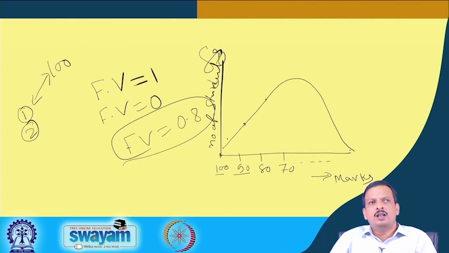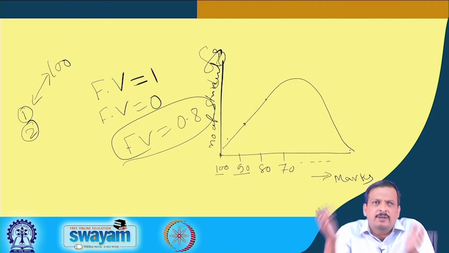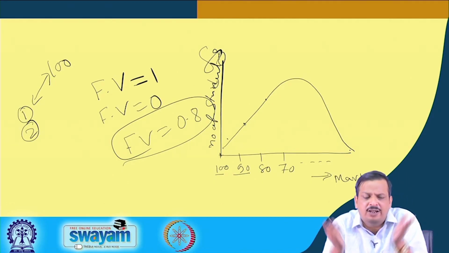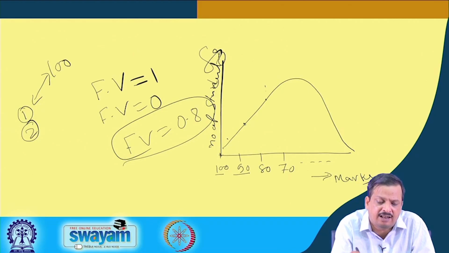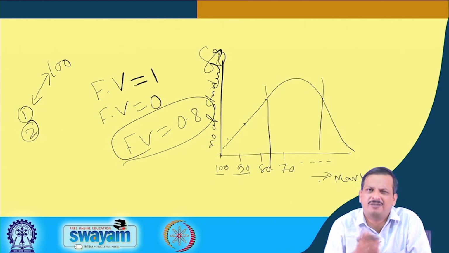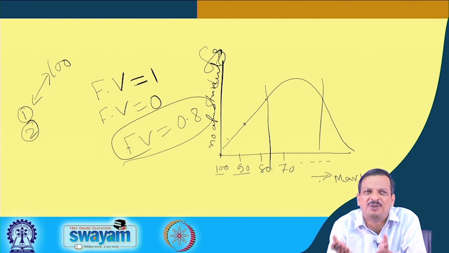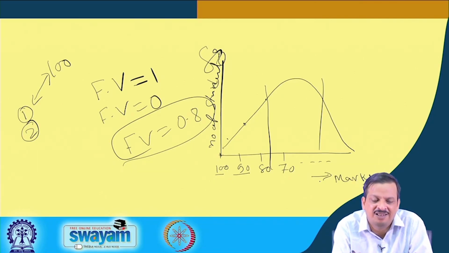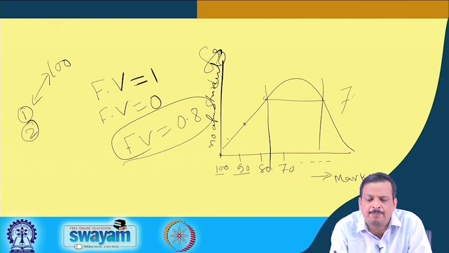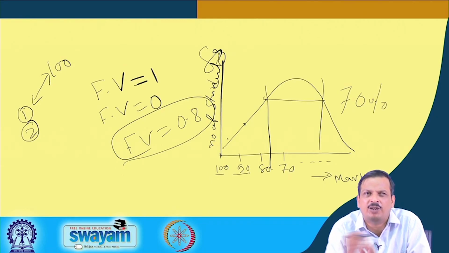Okay? Then, as everybody knows, in a Gaussian distribution, if I take the 3 dB down point, the half power frequency, as in electronics, or the half power frequency called in resonant circuits. If I take the 3 dB down, that means 70% of the population.